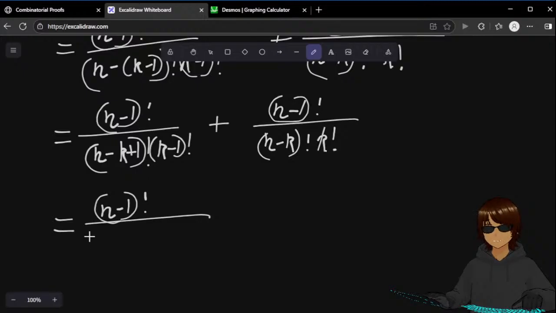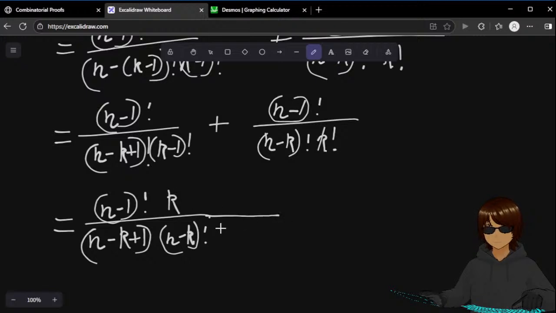Okay, I can rewrite this part as n minus k plus 1 times n minus k factorial. Then I can have k over here, and then I can have k factorial here. So the k would cancel out and we would be left with k minus 1 factorial.